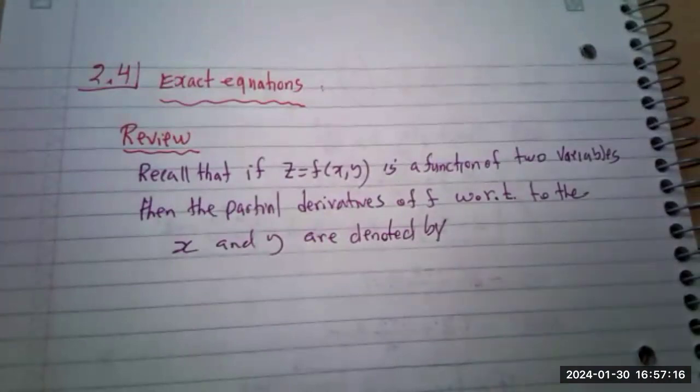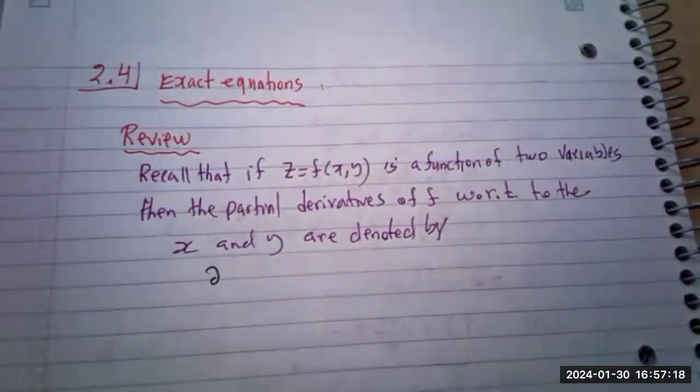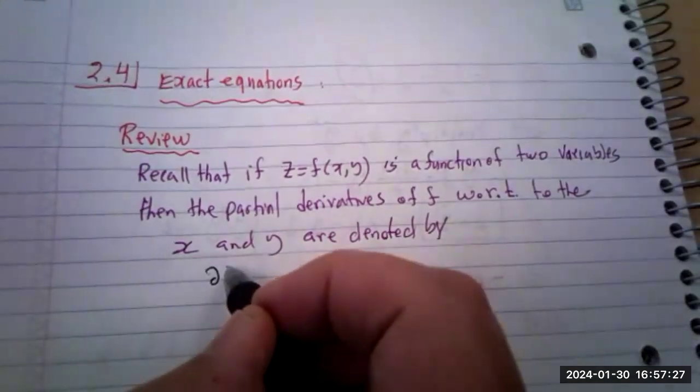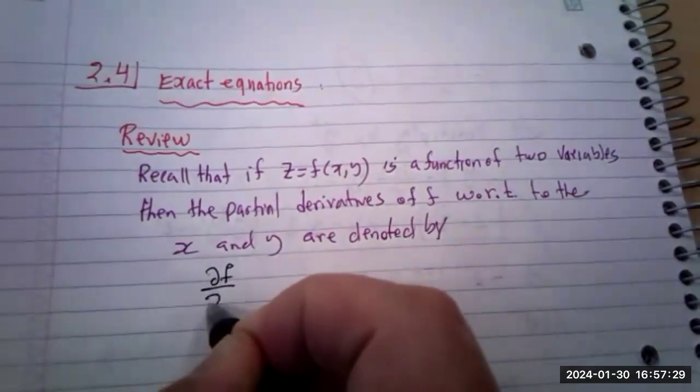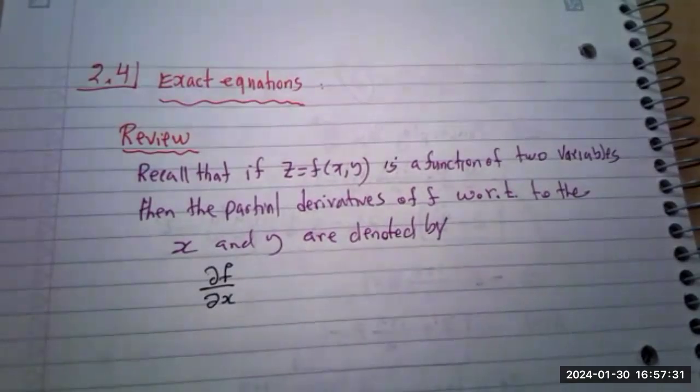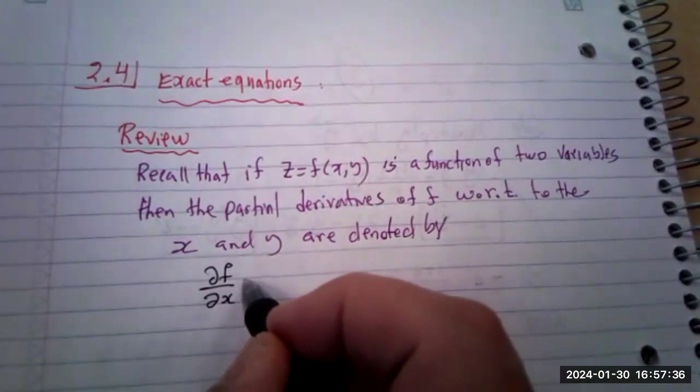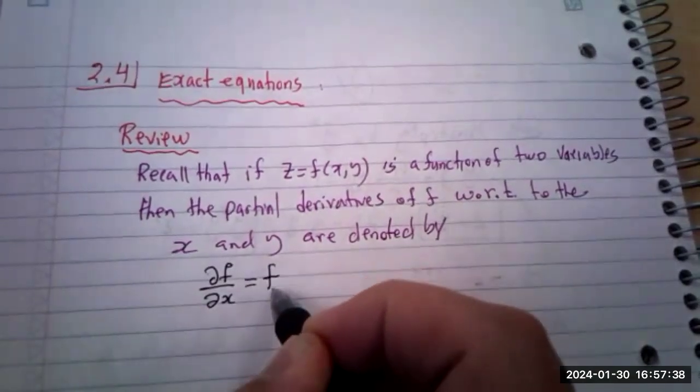We don't use d, this is called rho. It's like when you talk about df dx or dy dx for y prime, and this is the partial one. This means the derivative of f with respect to x. This is one way to write it down. The other way we write it in short form is f sub x.